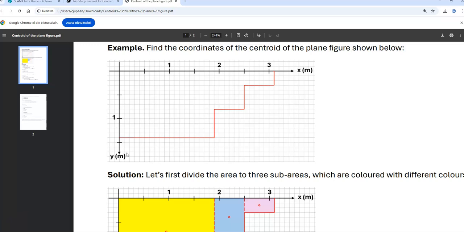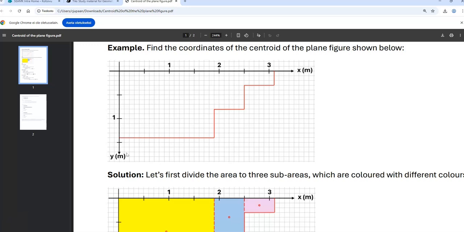You don't necessarily need to do like this, but I use this method because this is quite usual. For example, in mechanics of materials, many times we use a coordinate system where the y-axis goes downwards. There are some reasons for that, but it doesn't matter.